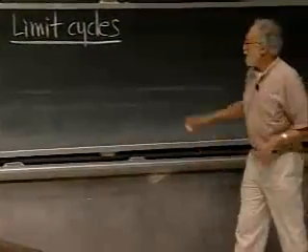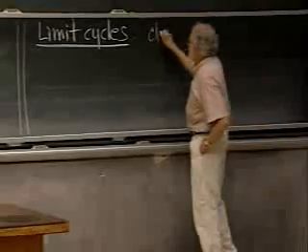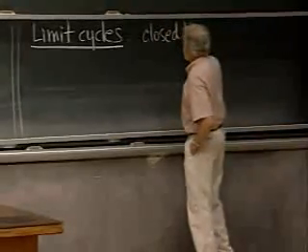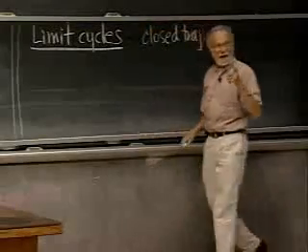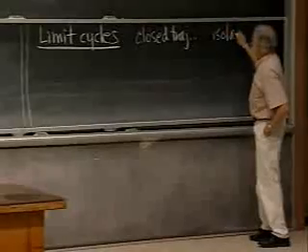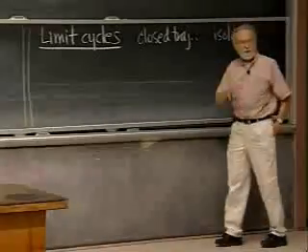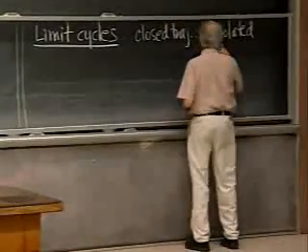A limit cycle is a closed trajectory with a couple of extra hypotheses. So it's a closed trajectory, just like those guys, but it has something they don't have, namely, it's king of the roost. They have to be isolated, no other guys nearby, and they also have to be stable.